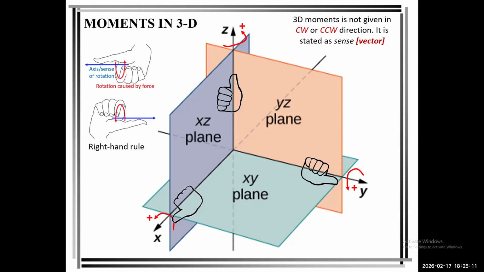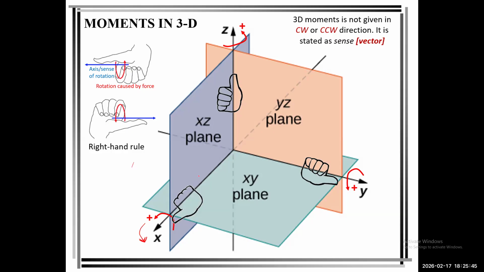Let me point to it. You're coming here, rotating this way. Your finger is pointing in this direction, counterclockwise. But it is rotating around the axis in this positive sense. So we consider the direction of your finger as positive, not counterclockwise, but a positive sense.